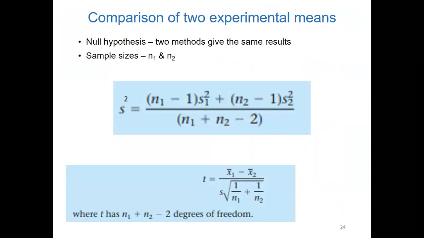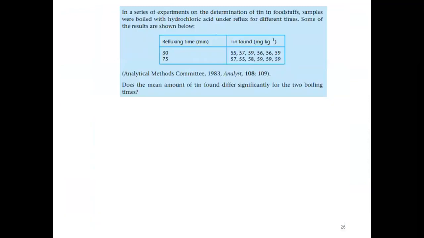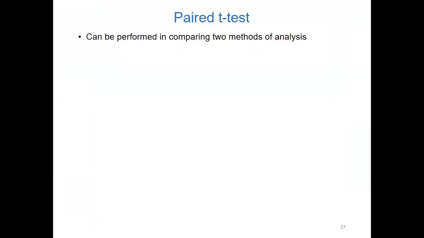So we discussed the t-test to compare two experimental means. Earlier we discussed how we can compare the mean with the known value using the t-test, and also how we can compare two experimental means using the t-test. Some examples, and also we discussed the paired t-test.